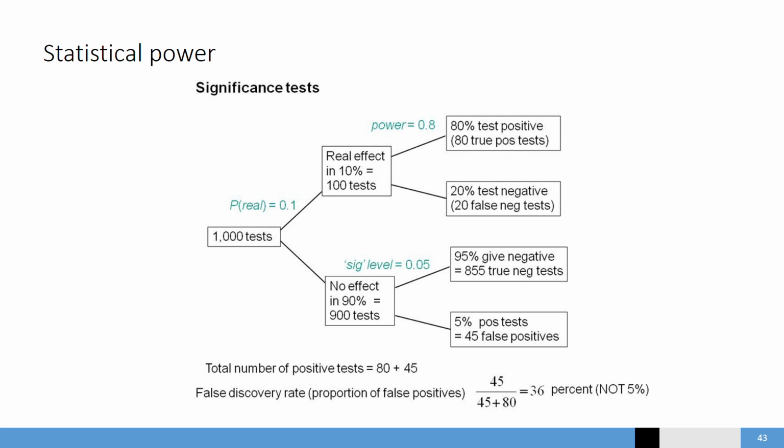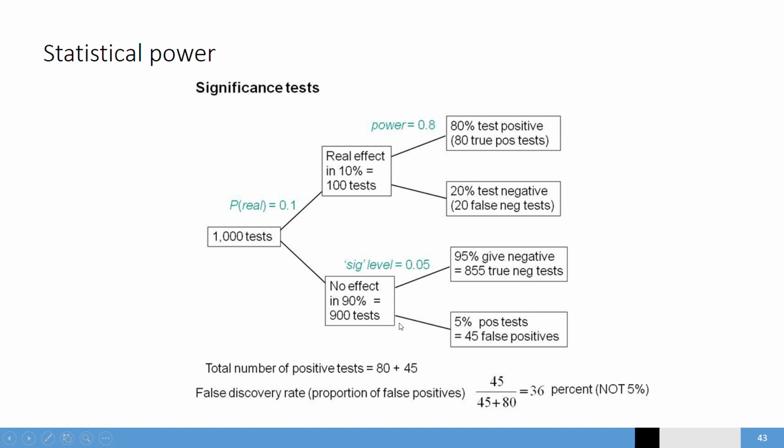Because you have a significance level of 5%, whenever the p-value is below this 5%, you will reject the null hypothesis. So out of these 900 compounds that are not useful, 5% of them you will think are useful.